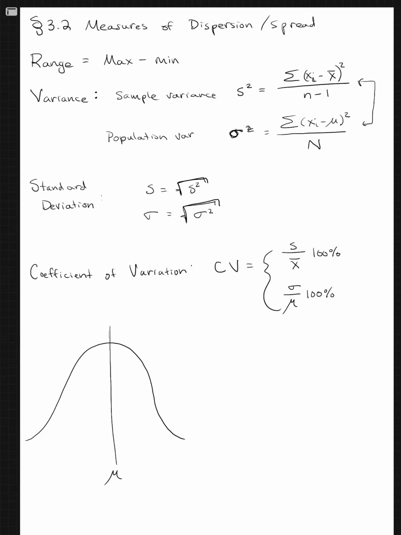So bell-shaped, it always turns out that the mean is this guy here in the center. And so this is the empirical rule. If this is one standard deviation out, actually I'm going to need to make it shorter.